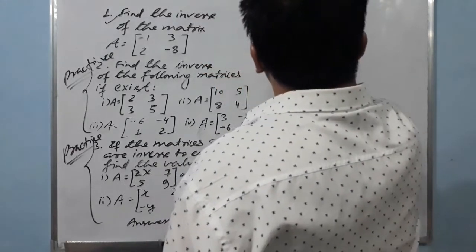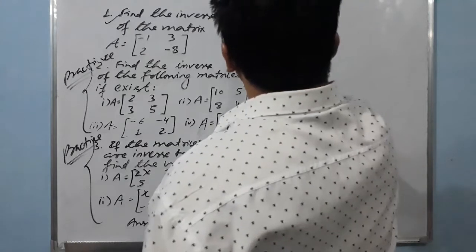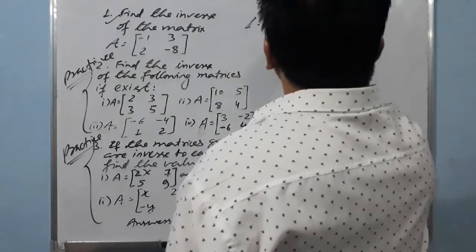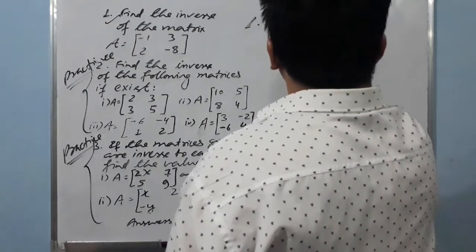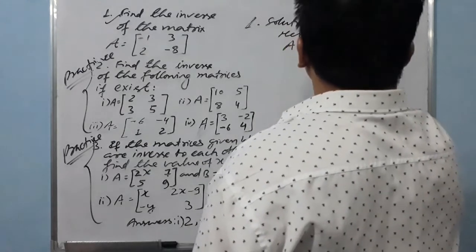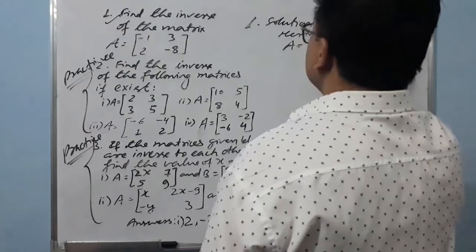Solution. A very simple method. Question one: A is equal to the matrix minus 1, 3, 2, minus 8.